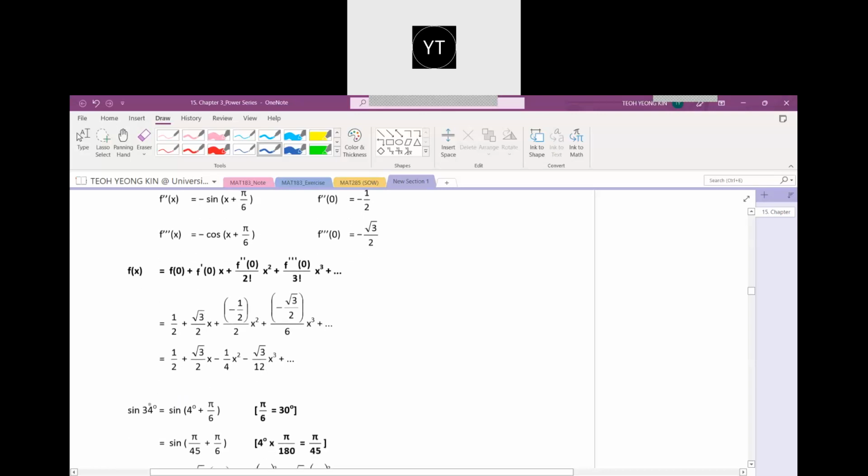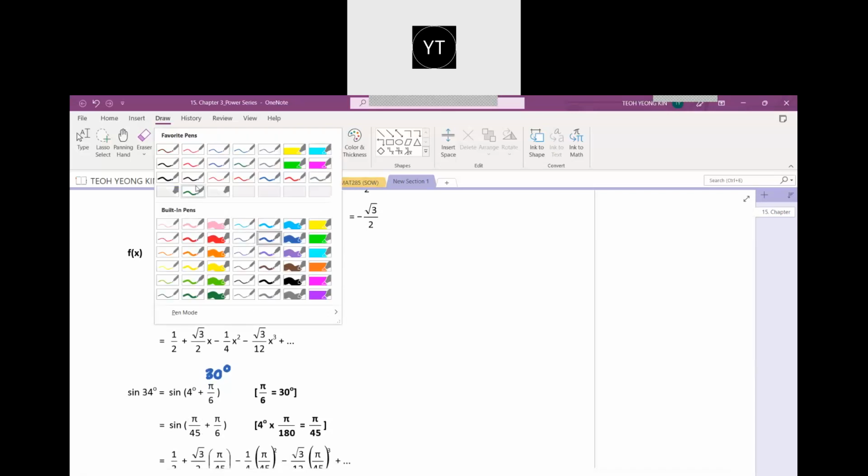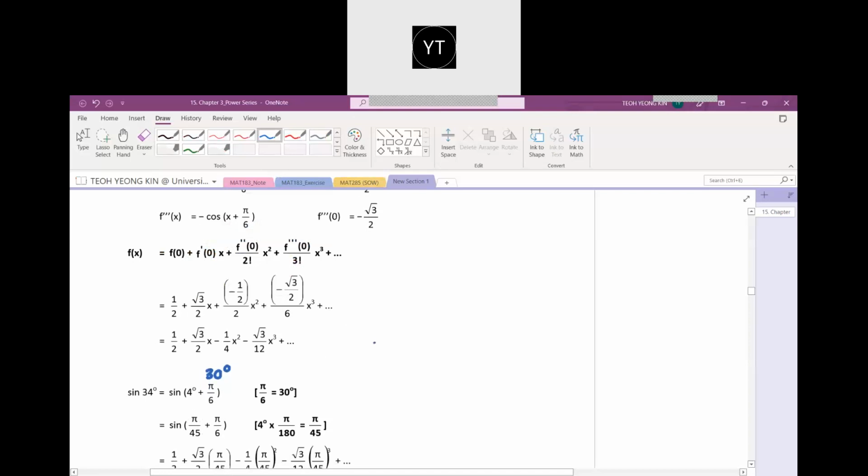Just as I mentioned before, sine 34 is sine of 4 degrees plus pi over 6. Why 4 degrees? Because we already have the 30 degrees here. We only need another 4 degrees. So 4 degrees is pi over 45. How to get pi over 45? From the degrees, 4 degrees.